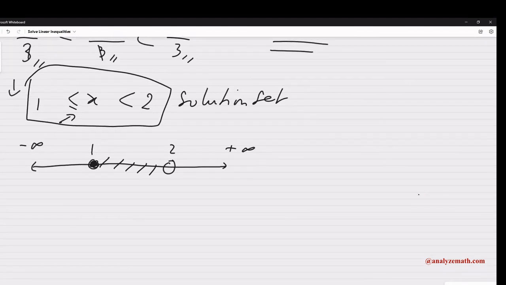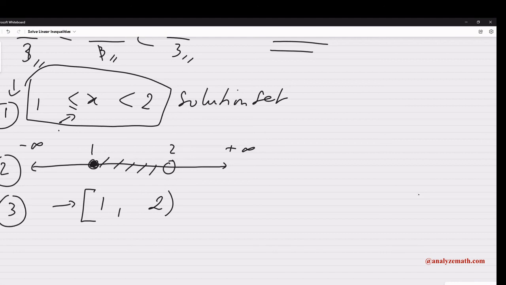Now the interval, we close it at 1, using the square bracket. We open it at 2 using the round bracket. So again, solution set using inequalities, solution set using the graphical number line, and then the third one using the interval.